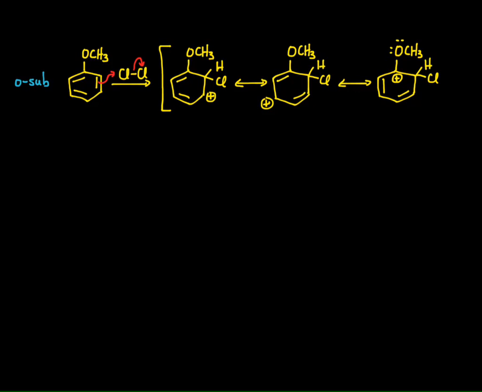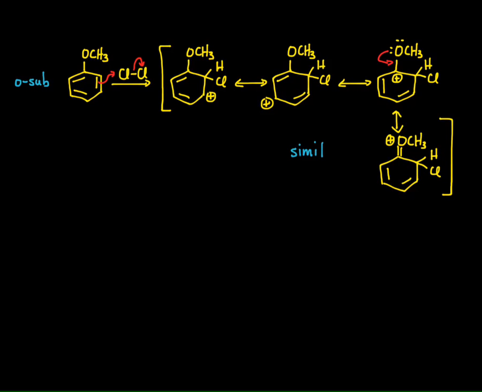Again, notice in ortho substitution, that positive charge goes onto the carbon with the OCH3, the group that's already on there. And so again, I can take a pair of electrons and donate it into that carbocation, and I get that new resonance structure, which again is the most stable contributing resonance structure.